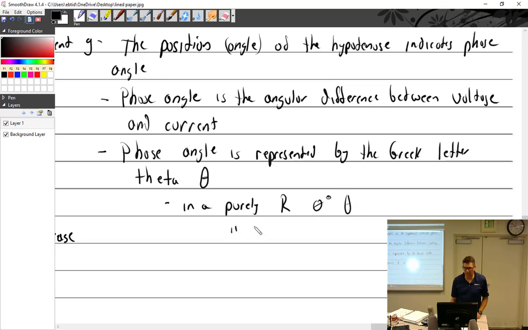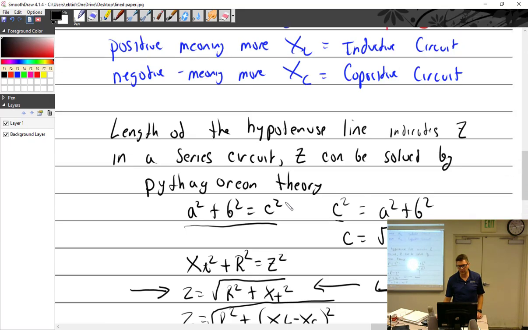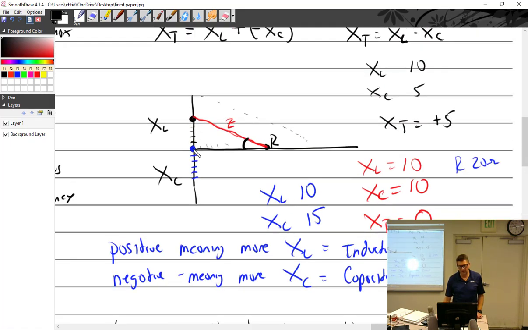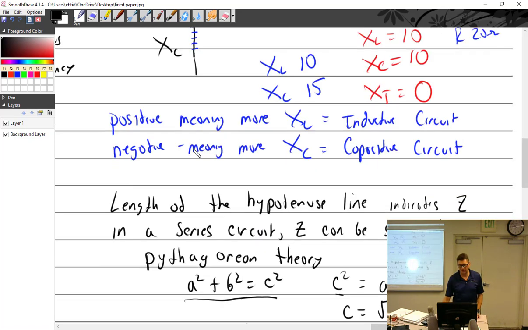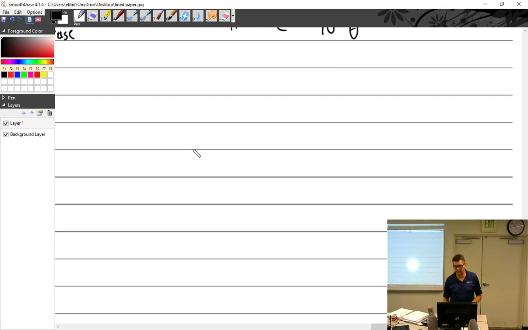We know in a purely capacitive circuit, the phase angle would be 270 or minus 90. Minus 90. And why do we know that? We've talked about it. If we think about the graph that we drew, the purely capacitive, just all capacitors, we talked about earlier, we can go way back to another drawing, when we're looking at a sine wave.